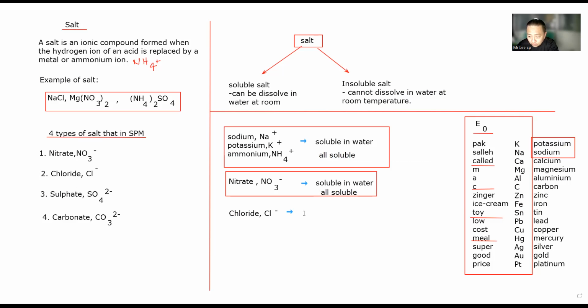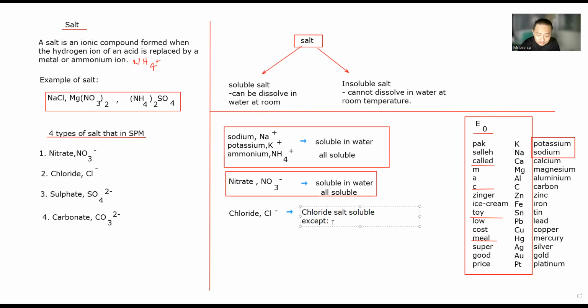All the chloride salts are soluble in water except 3. I want you to memorize this.